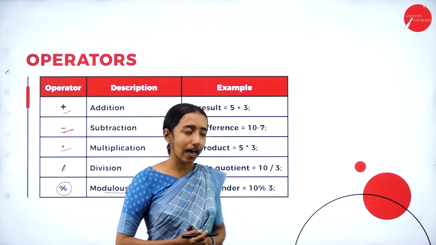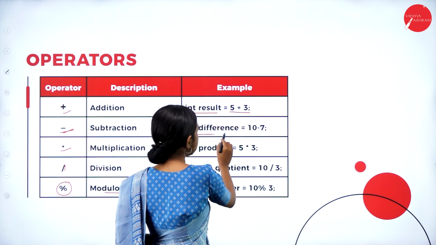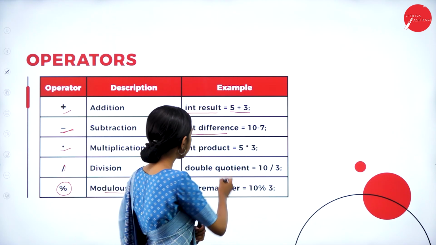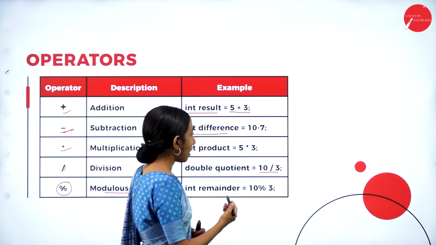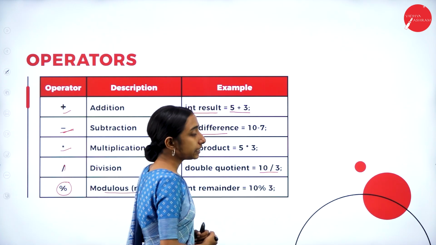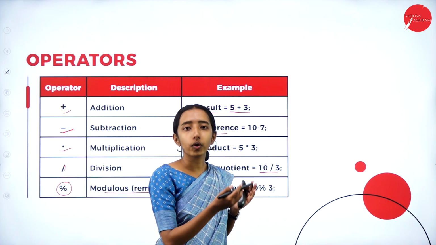For example, we can see here int result is 5 plus 3, int difference is 10 minus 7, the product is 5 into 3, double quotient is 10 divided by 3 and int remainder is 10 modulo 3. So how can we use this in a programmatic way?